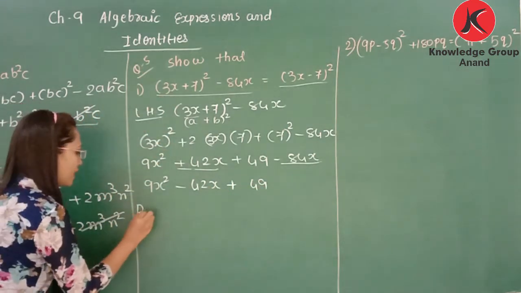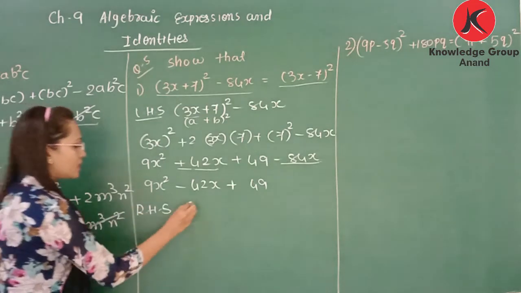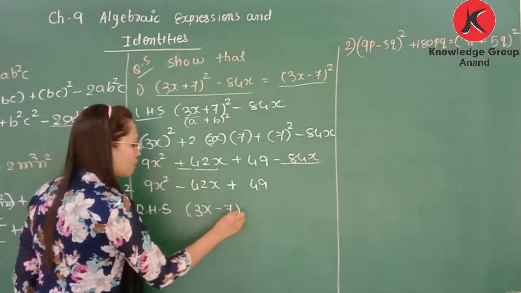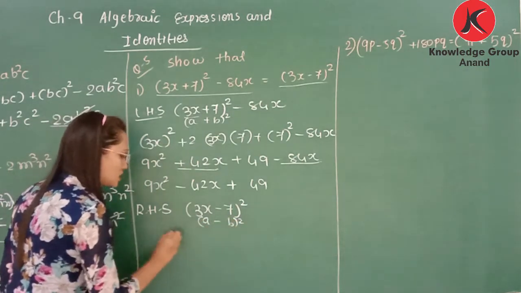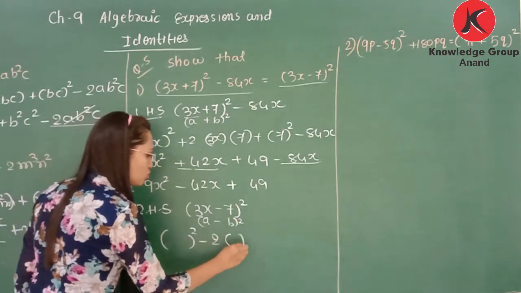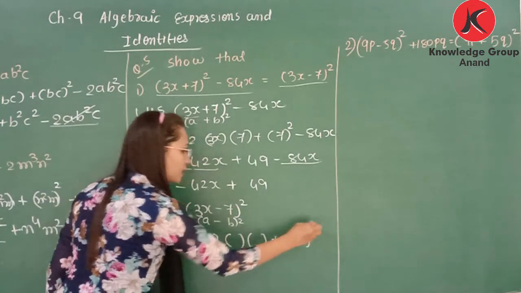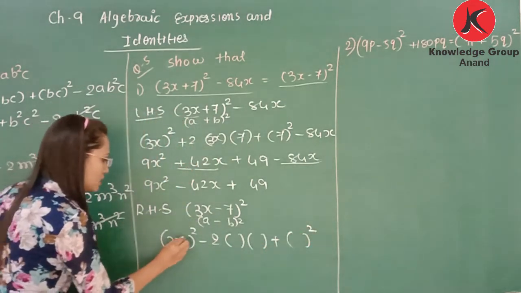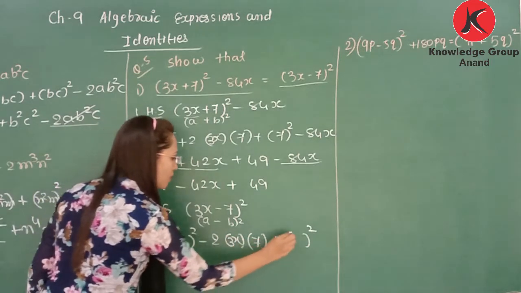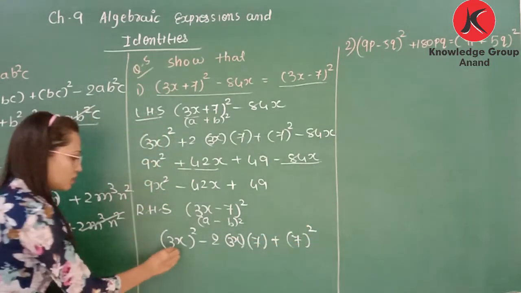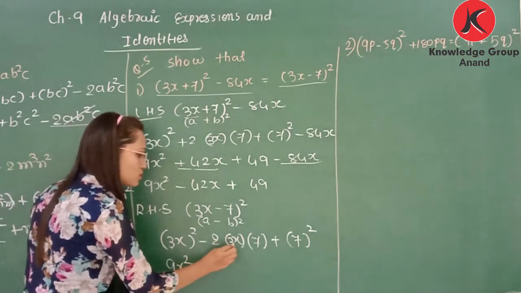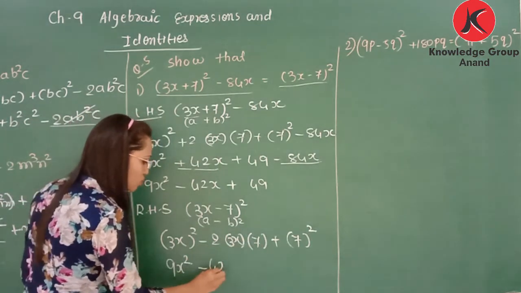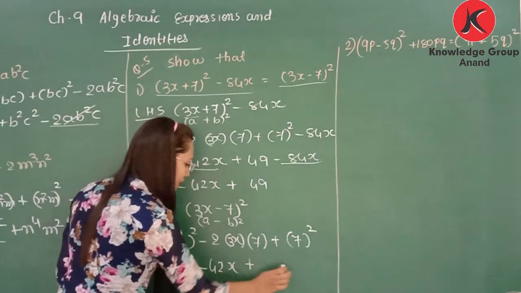Now let's find the right hand side, that is (3x minus 7) whole square. Now it is (a minus b) whole square, so it is a square minus 2ab plus b square. 3x, 7 and 7. (3x) whole square is 9x square, minus 2 3s are 6, 7s are 42x plus 49.